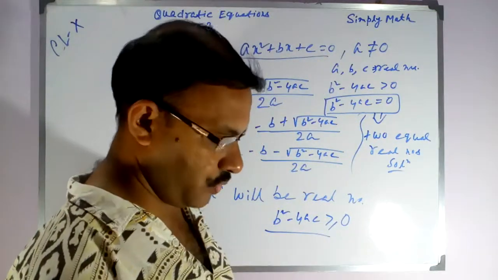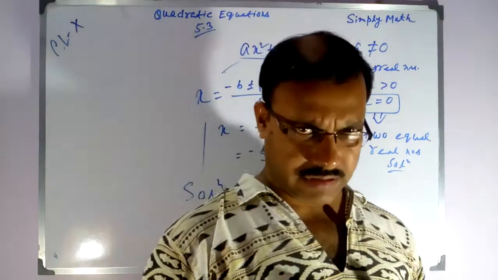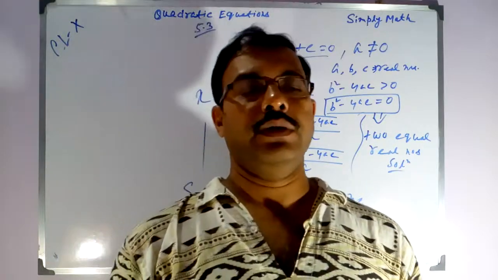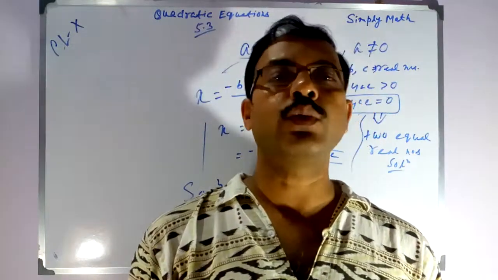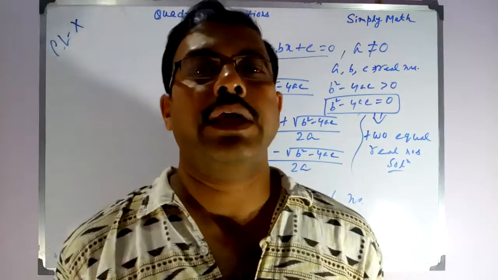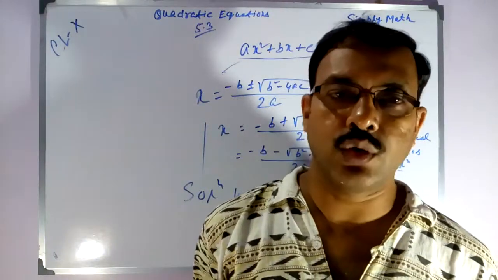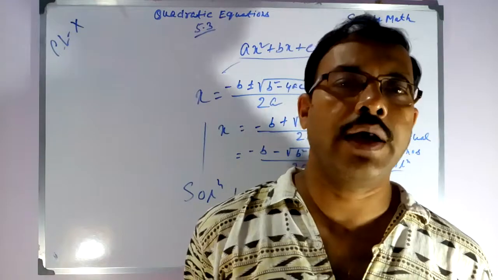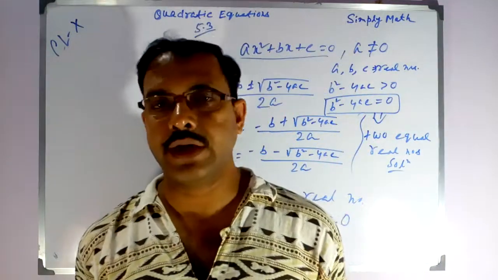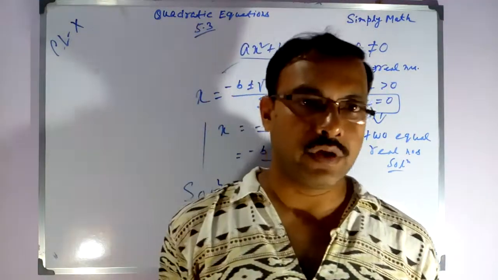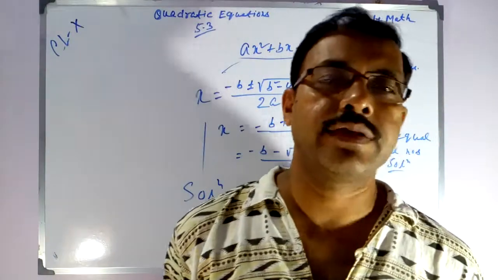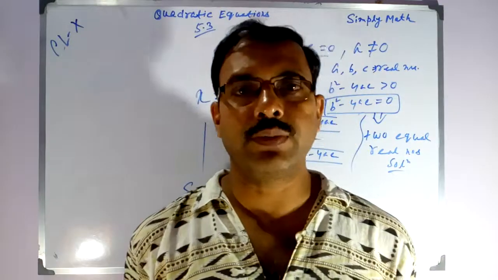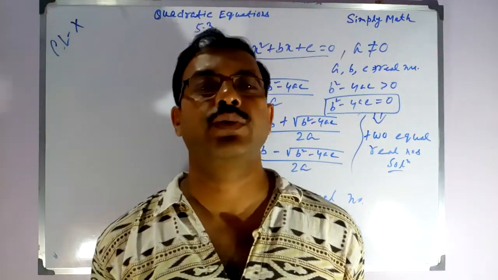Clear? So, till now what have we learned? If any quadratic equation ax square plus bx plus c is equal to 0, where a cannot be 0 and a, b, c are real numbers, then the solution is x is equal to minus b plus minus root over b square minus 4ac by 2a.